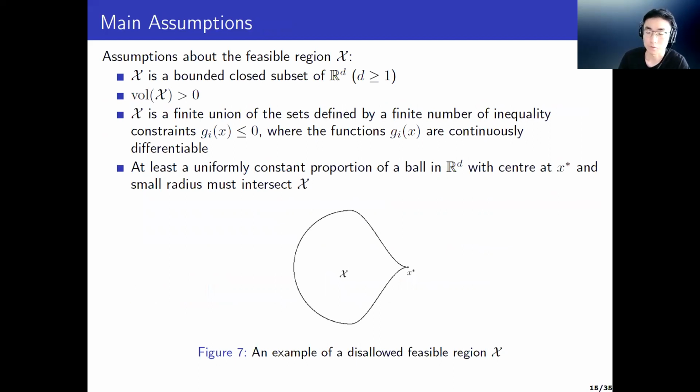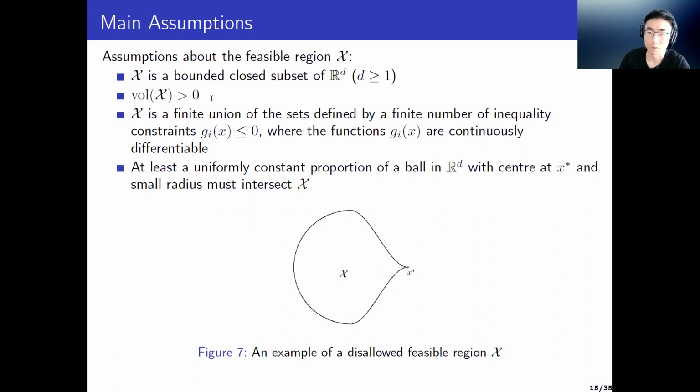Before we get into some specific algorithms, let us formulate some common assumptions about the objective function and the feasible region. These assumptions are needed for the global random search algorithm to work. The feasible region X is a bounded closed subset of the real set R^d. Here the small d is the dimension of the problem.